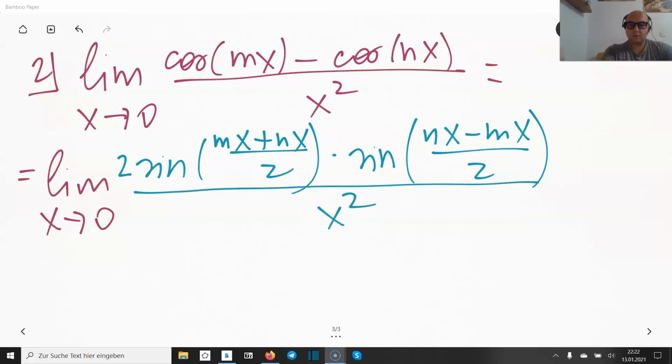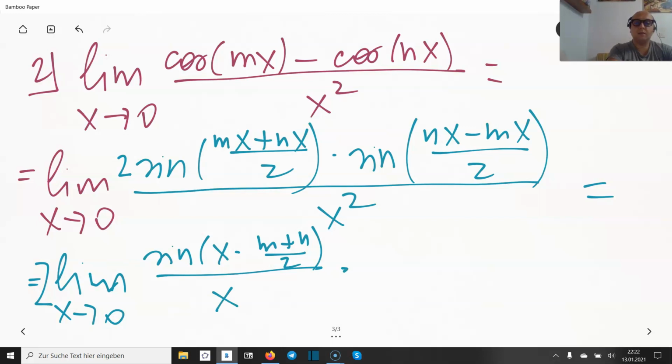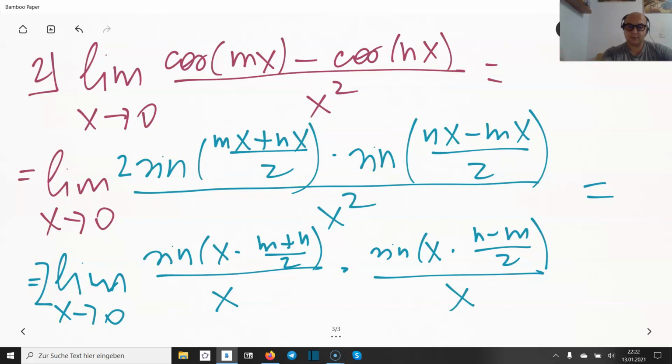All right? So now you see we can take x in front. We can write it as limit x towards 0. We can kick 2 outside of the parentheses. So we are having here, look at this, sine of x times (m plus n) divided by 2, divided by x, times sine of x times (n minus m) divided by 2, divided by one more x.